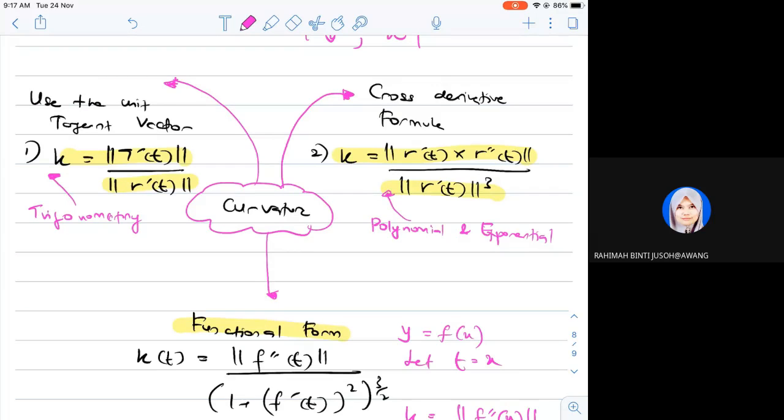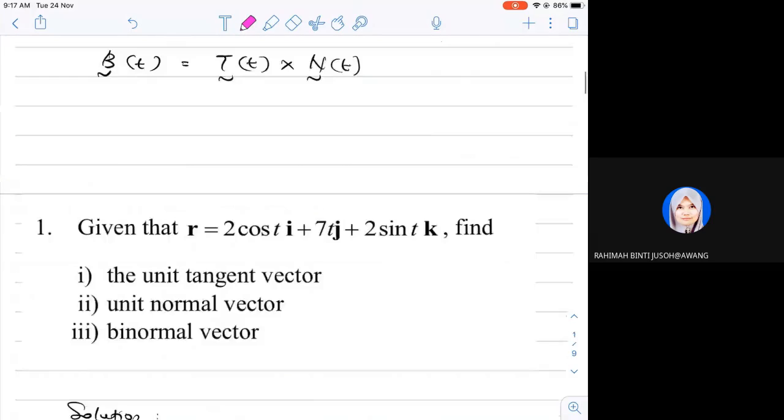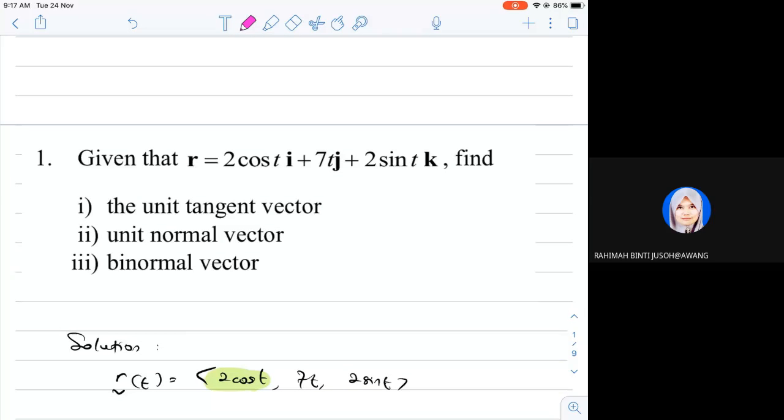However, specifically, the easier way kalau ada function trigo. Contoh, for example, soalan first tadi kan, question number 1 macam ni, dia ada function trigo ni. Dia ada trigo macam ni, it will be easier for you to solve curvature by using the first formula. Okay, first formula.